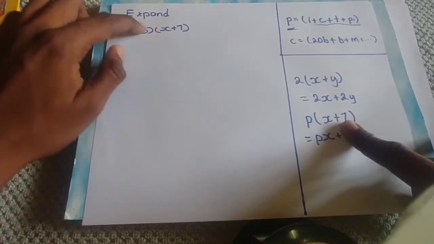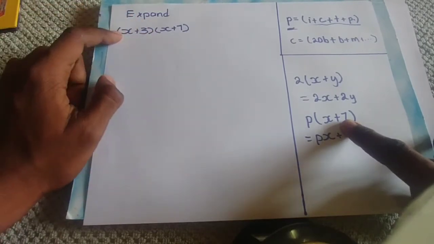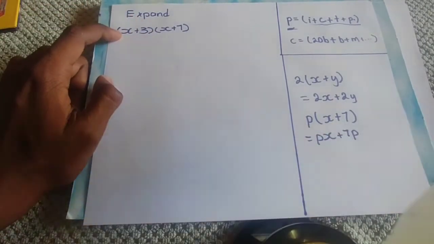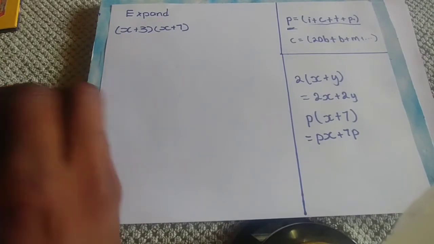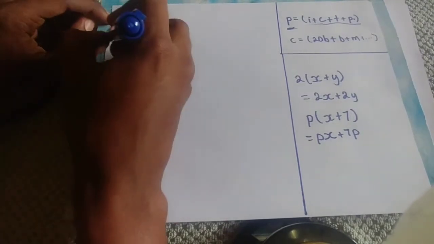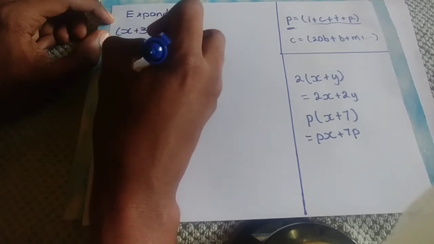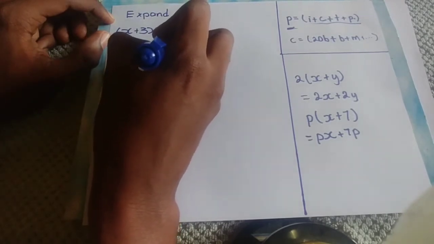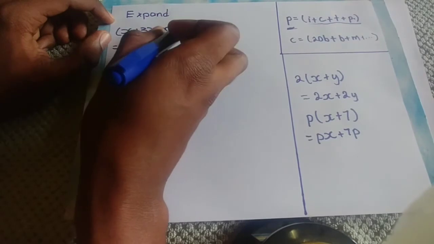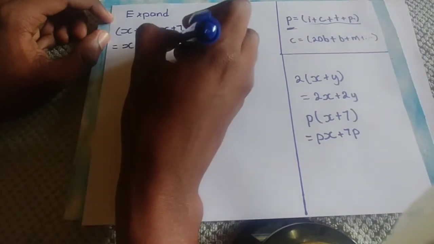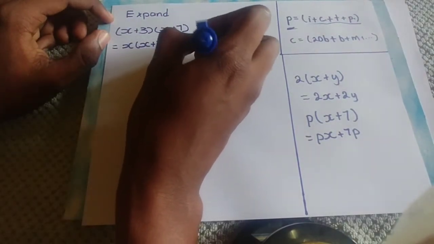So we're treating x plus 3 as though it is one thing. So that becomes x plus 3 by x, which is equal to x by x plus 3. And x plus 3 by 7 is equal to 7 by x plus 3.